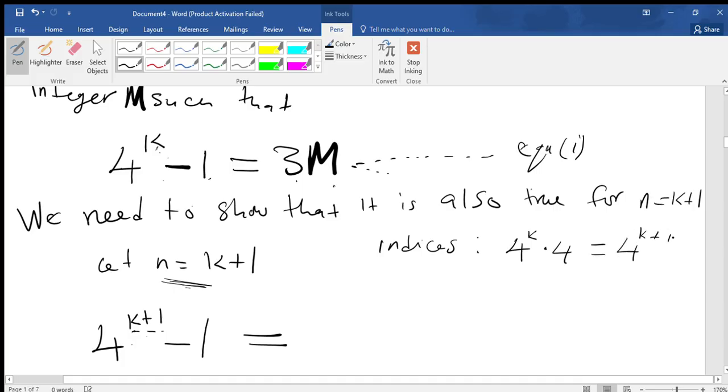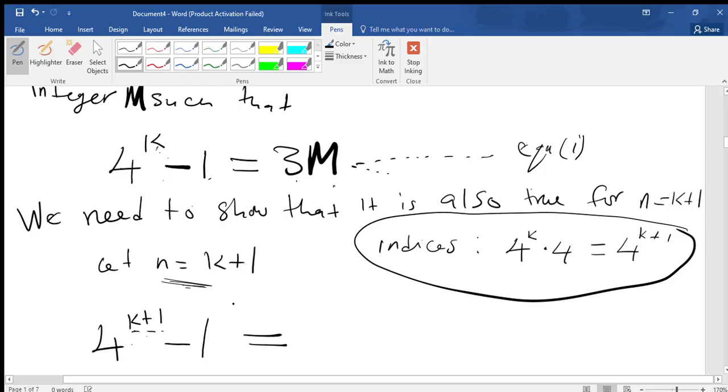This is from the indices property, which you have to recall. So this is what we are going to use. We'll break it back to what we remember. So this can be written as 4 power k multiplied by 4 power 1. But remember, there is a minus 1 this side. So what is happening there?